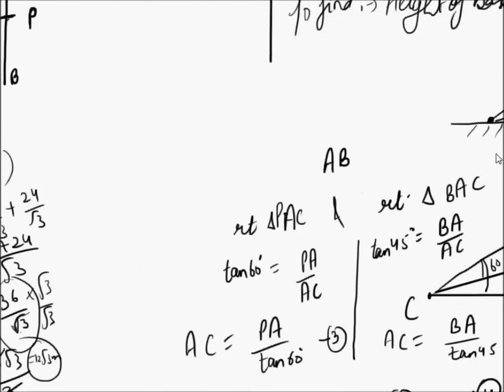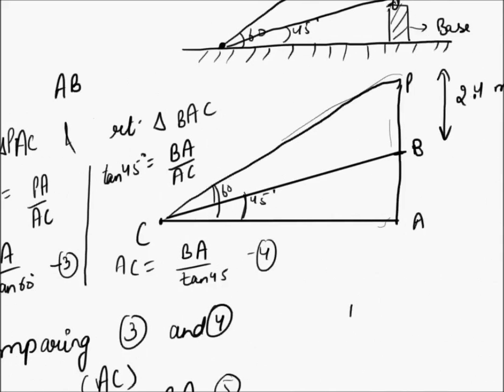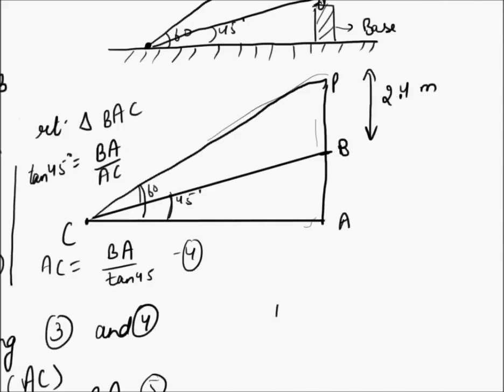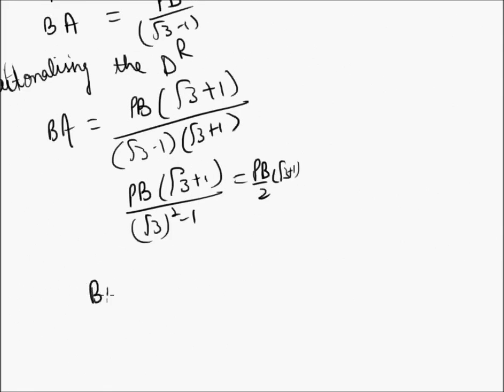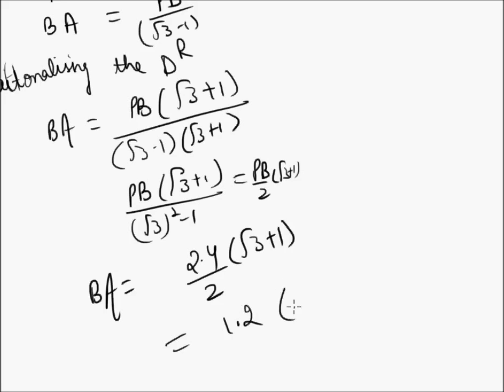Now the value of PB is given as 2.4 meters, so BA becomes 2.4 over 2 under root 3 plus 1, that is 1.2 into under root 3 plus 1 in meters.